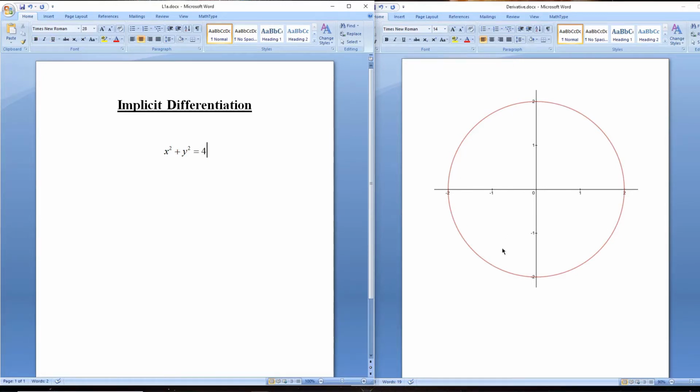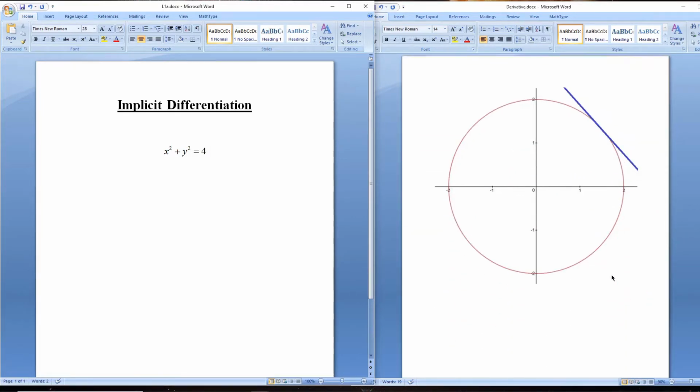It fails the vertical line test. One input can have multiple outputs. It's not a function. So if this isn't a function, then how could we figure out the slope at some point? Well, we can still do that with derivatives.